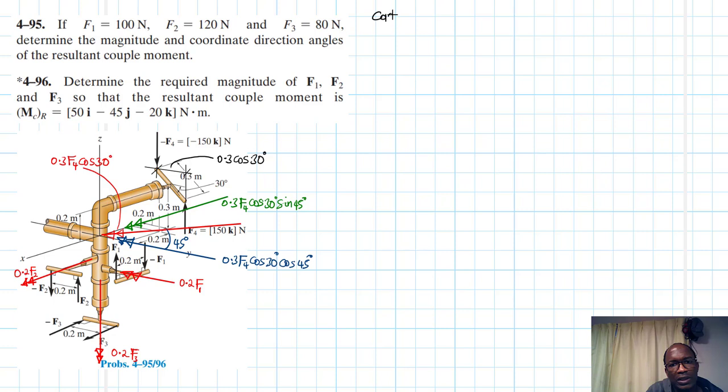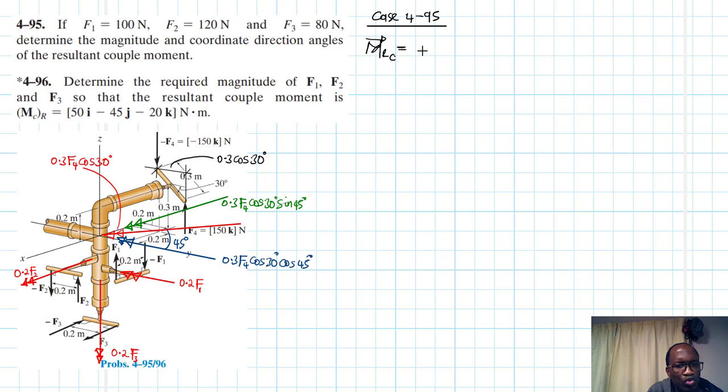So which case? Case 4-95. Great. So what do we have? Let's say our resultant couple moment, I'll write it in terms of F, is equal to, what is the component in the x-axis?